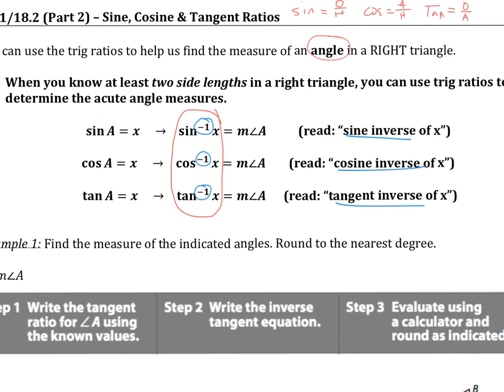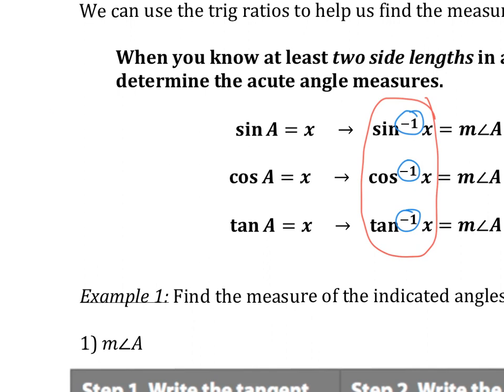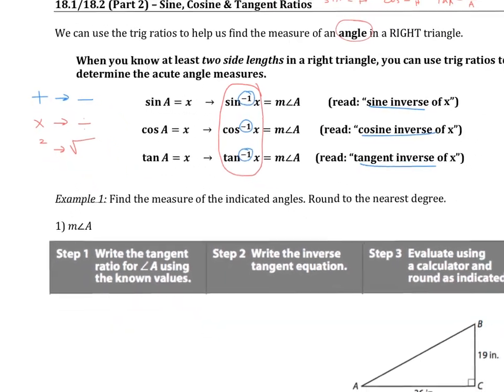Essentially what they act as is the opposite of sine, the opposite of cosine, and the opposite of tangent. Just like when you do addition, the opposite is subtraction. When you do multiplication, the opposite is division. When you do a square, the opposite is to square root something. That's what these are doing. They are undoing the other operation, the sine, the cosine, and the tangent.